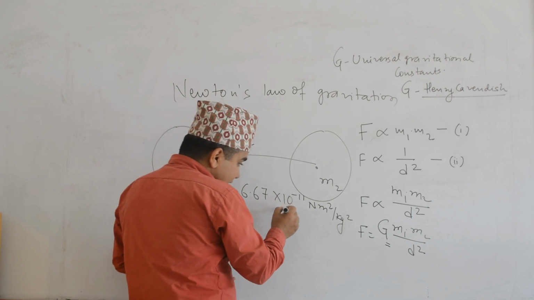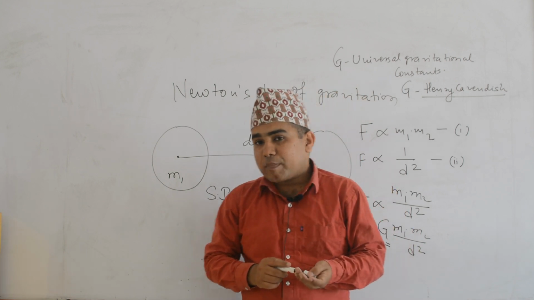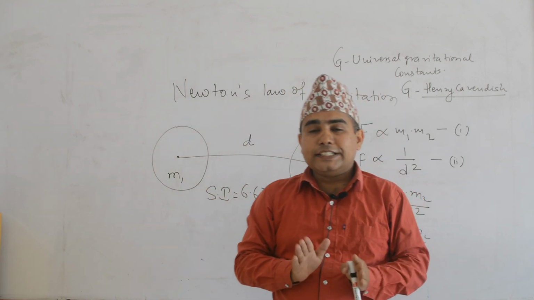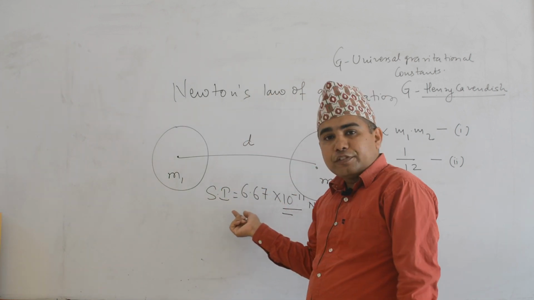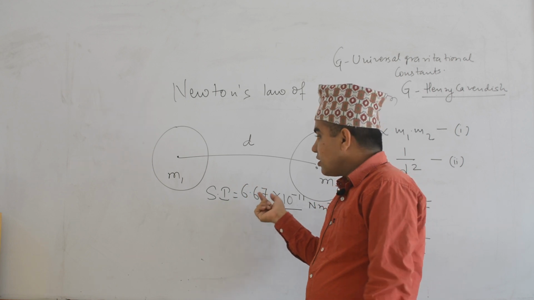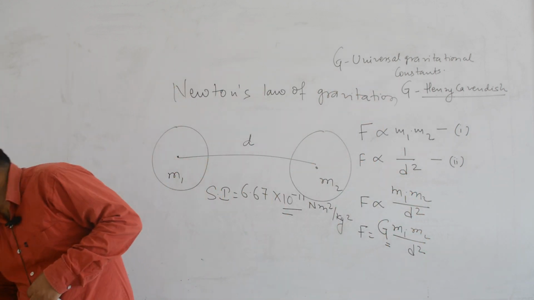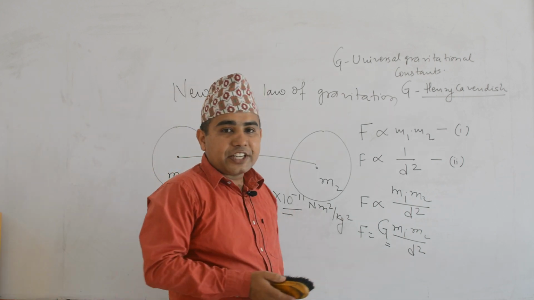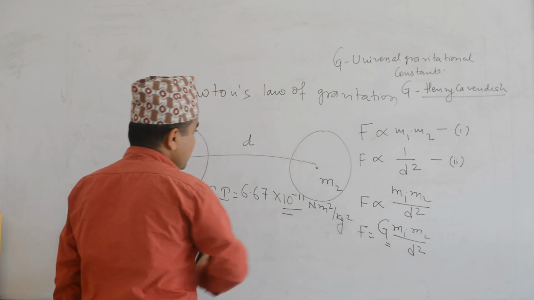You can see it is 10 to the power minus 11, so its value is very, very low. The low value of capital G is responsible for the weakness of the force of gravity. It is due to this low value of capital G that gravity is the weakest force in nature.